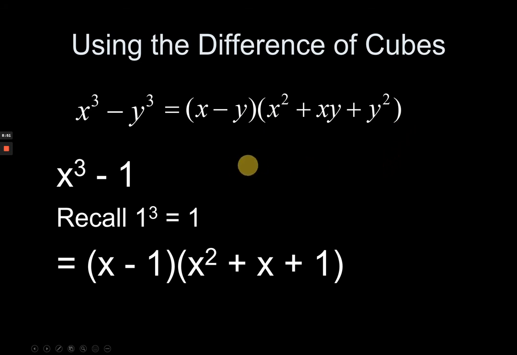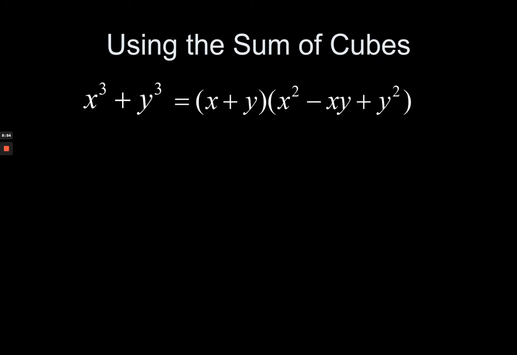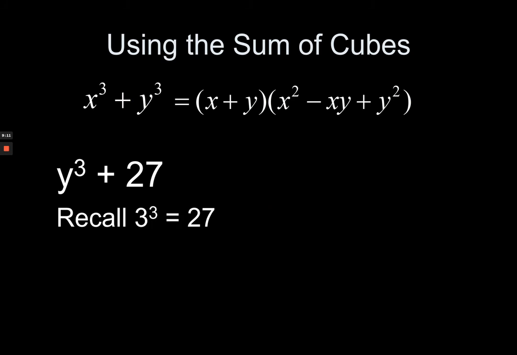Let's have your sum of two cubes. This is your formula, and let's use the formula to factor y cubed plus 27. 27 is a perfect cube number, and the cube root is actually 3, because 3 times 3 is 9, 9 times 3 is 27.